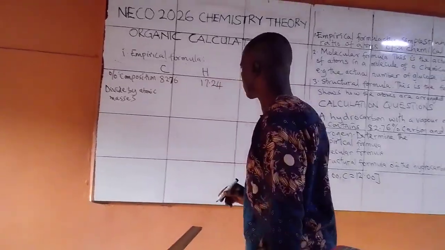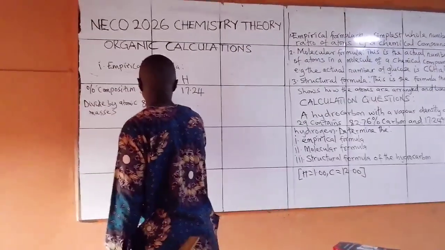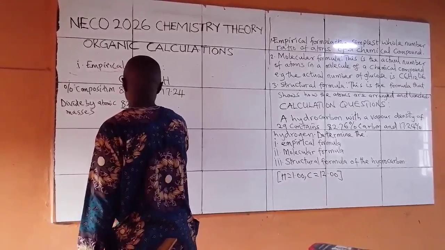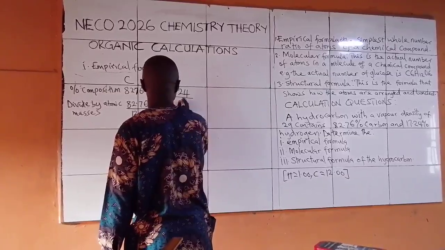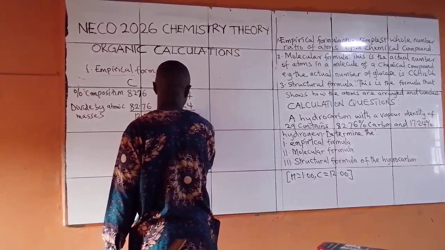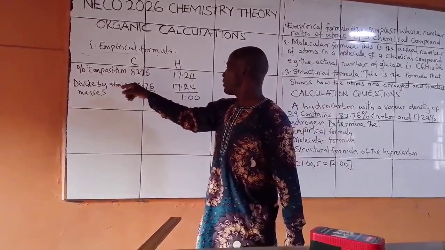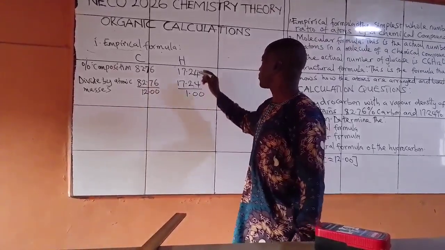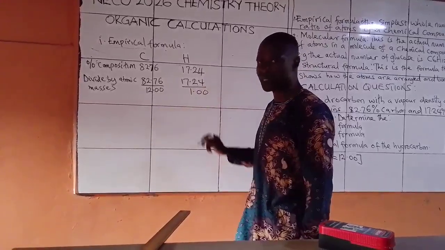For carbon, that is 82.76 divided by 12.00, and for hydrogen, 17.24 divided by 1.00.